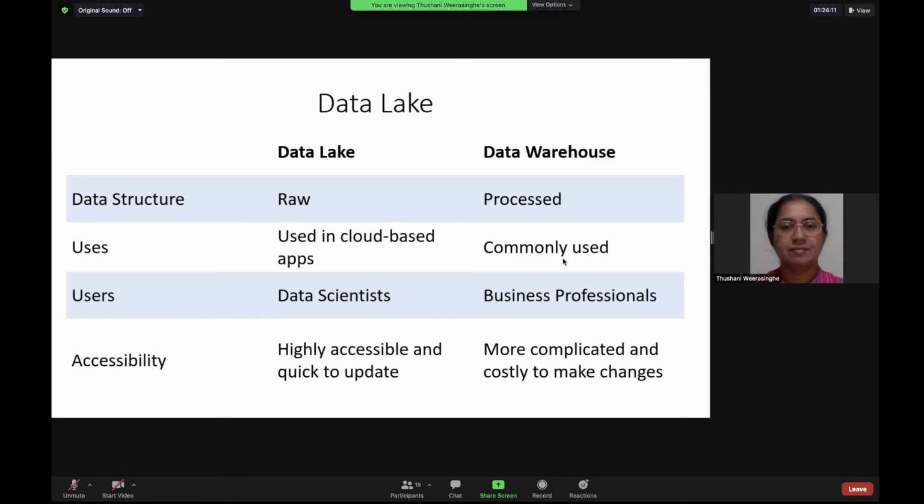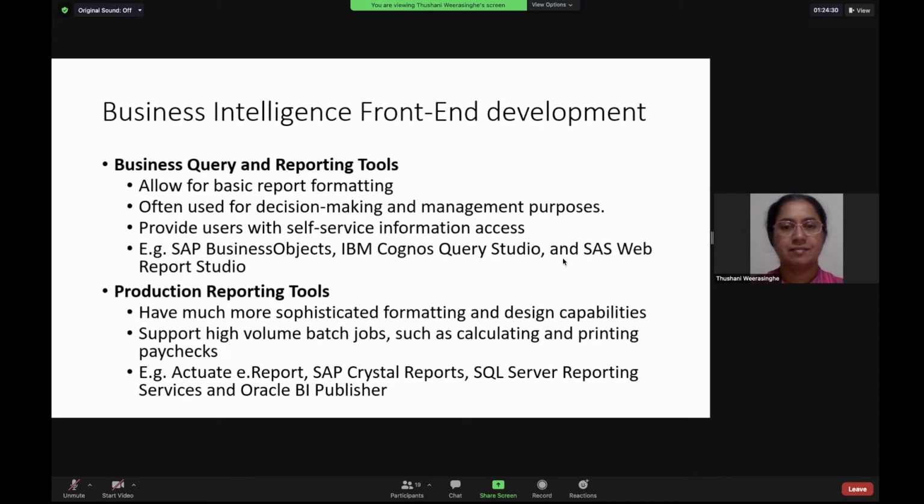Data scientists are working with data lakes, and these are highly accessible and you can quickly update. So you have to compare these two. You should be able to know about data lakes a lot today, because we are heavily using cloud-based systems. So read about it for information.